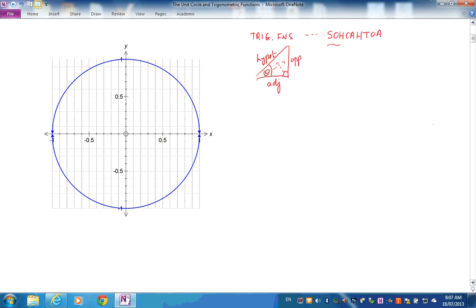And then SOHCAHTOA helps us say that the sine of angle theta will be the opposite over the hypotenuse. That's the first result. And then cosine of angle theta is the side adjacent over the hypotenuse.